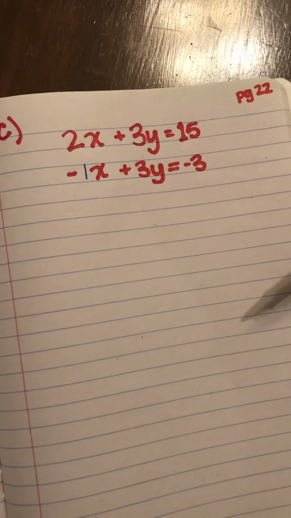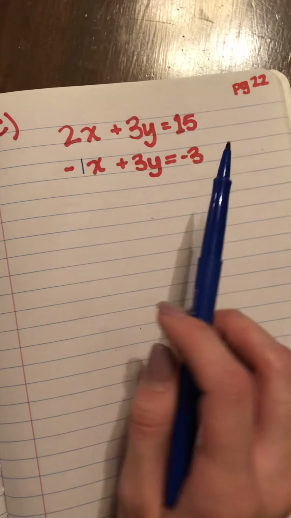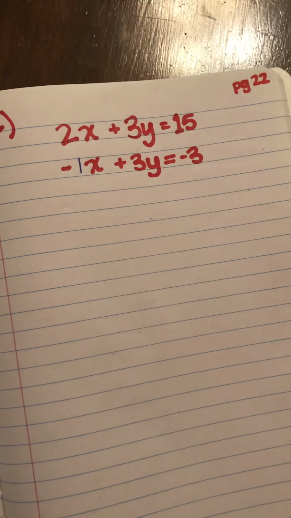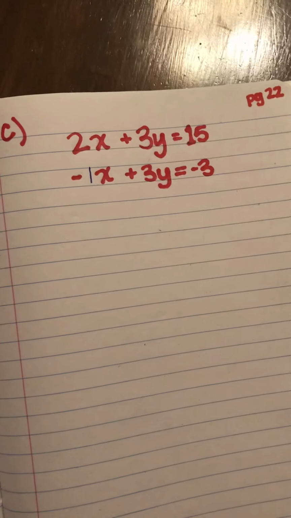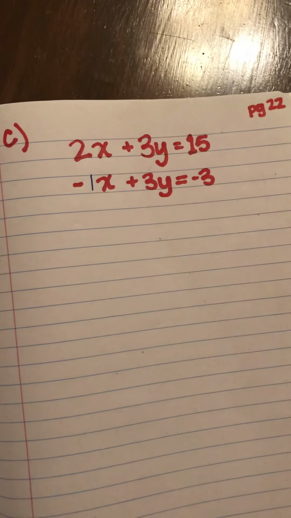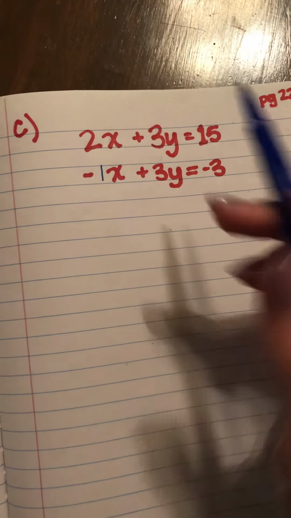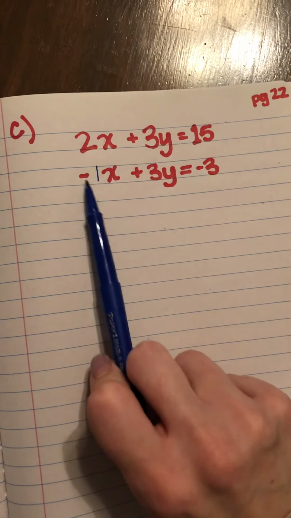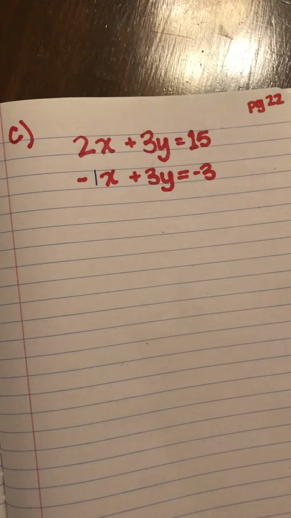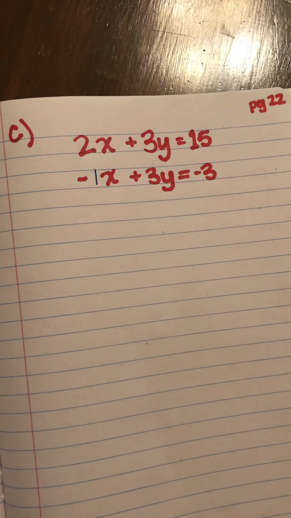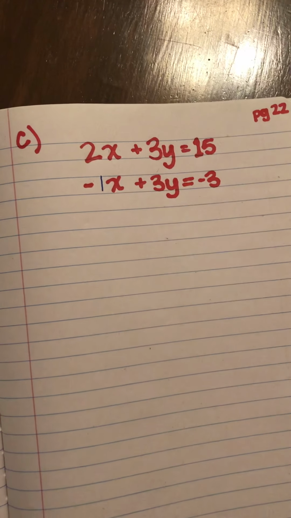So what I need to do is look at each individual linear equation, and figure out what can I do in order to turn something opposite. Well, we know when we want to turn something opposite, we can multiply by a negative 1. If I look here, I know that I have a 3y that if I were to turn it into a negative 3y, I would now have opposite coefficients that I could cancel.